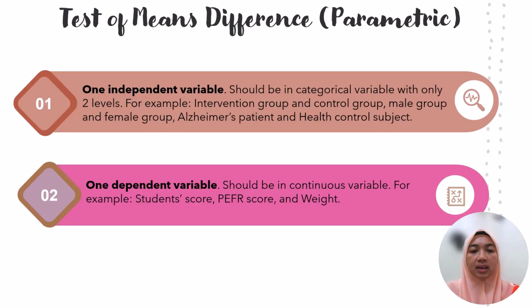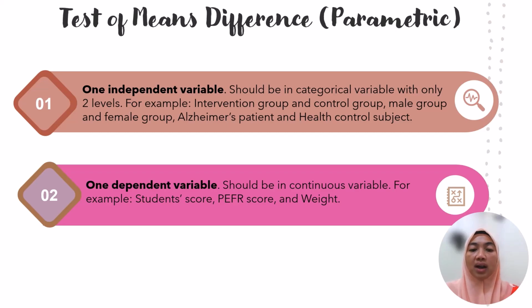This is the data requirement. We have two types of data requirement. Number 1 is one independent variable, which should be a categorical variable with only two levels, for example intervention group and control group, or male group and female group.